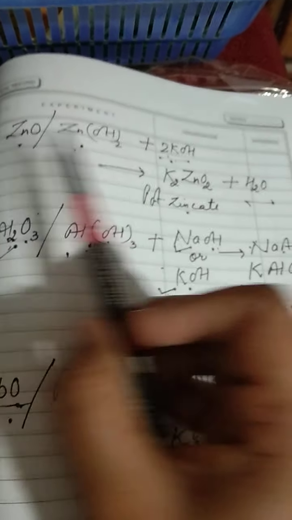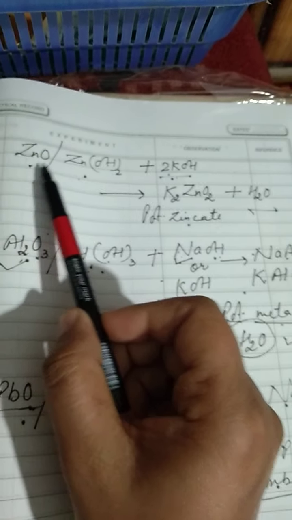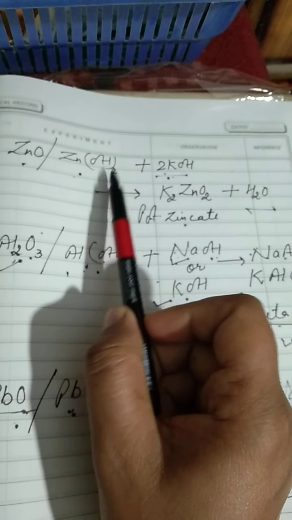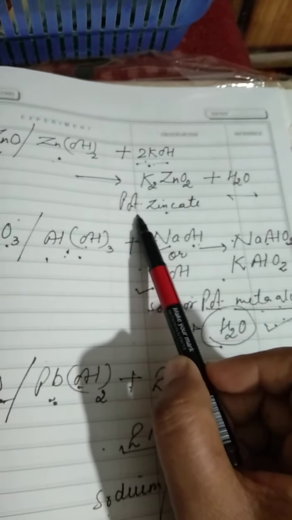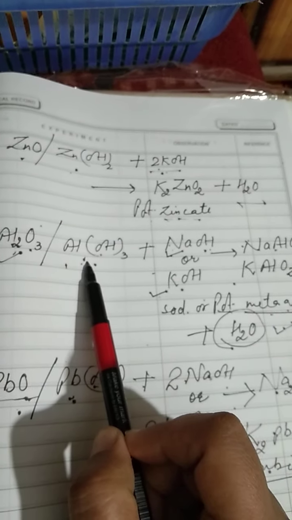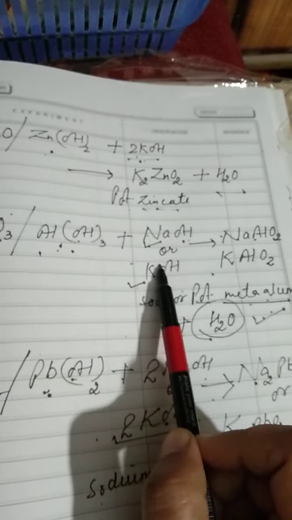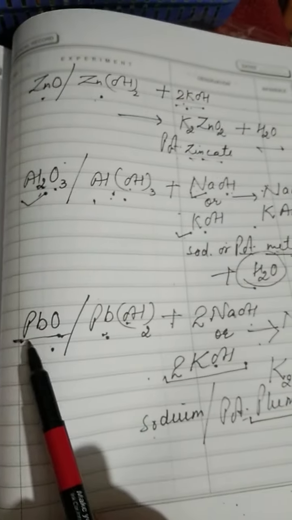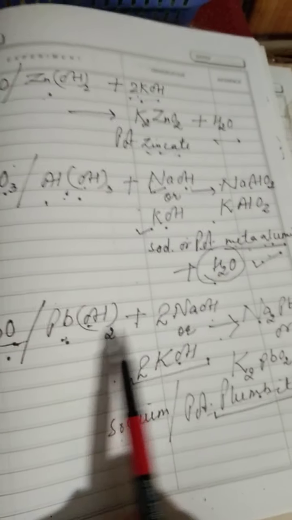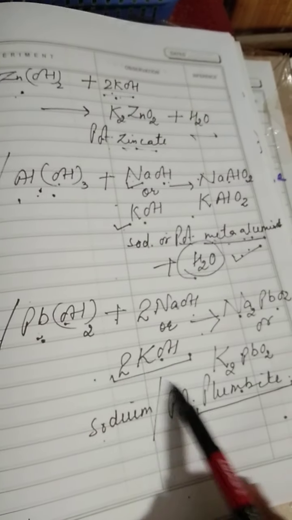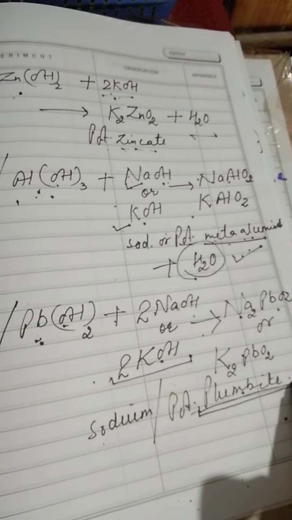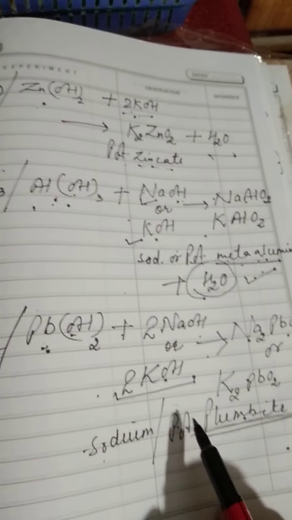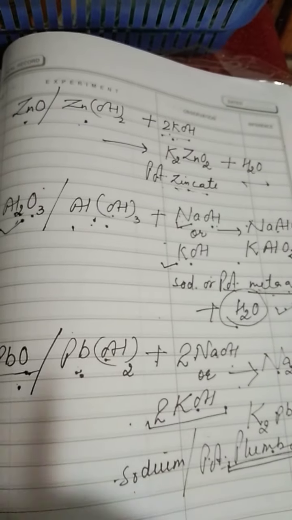In brief, zinc oxide or zinc hydroxide reacting with alkalis forms zincates. Aluminium oxide or aluminium hydroxide forms meta-aluminates. And lead oxide or lead hydroxide forms plumbite, either sodium or potassium. So you have to learn all these chemical reactions.